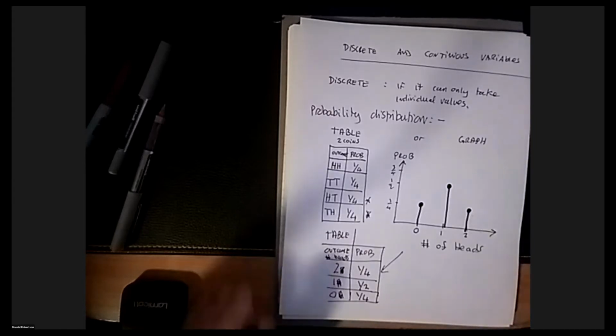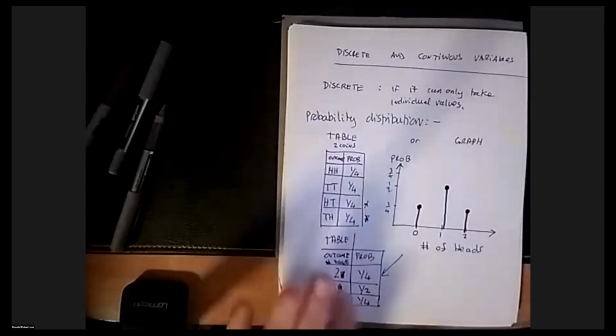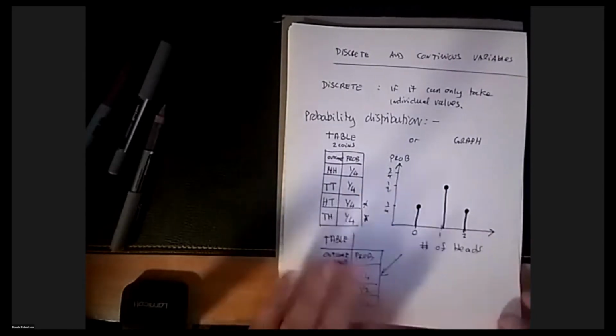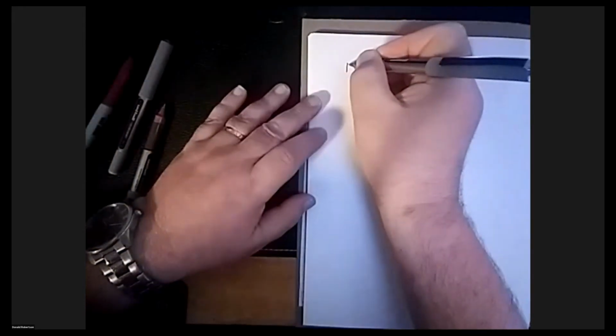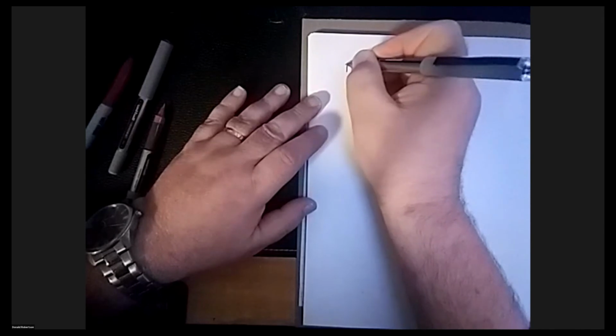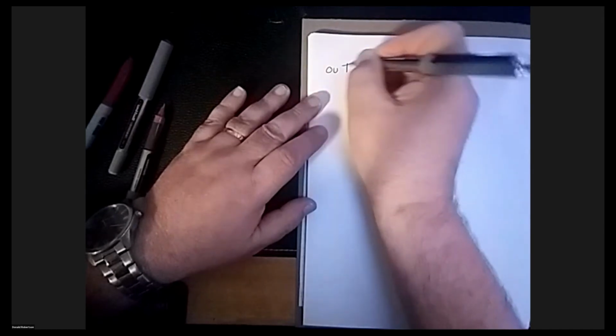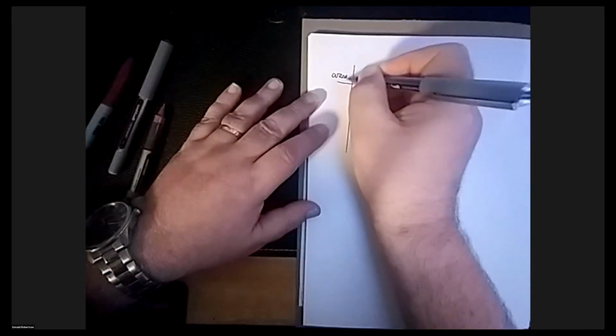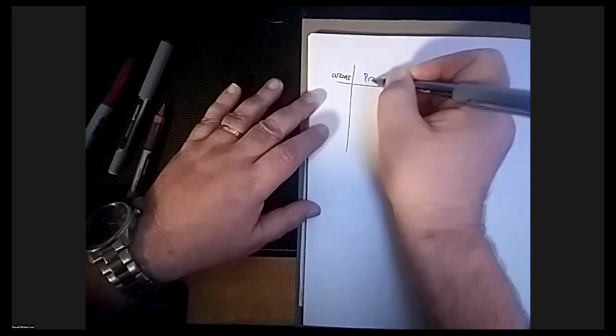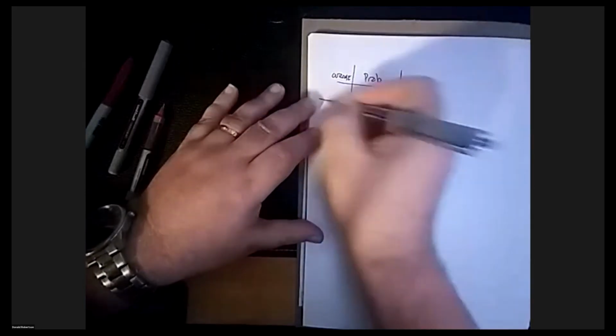Right. So before I leave the discrete stuff, because there's not too many more things left to do with discrete, at least at the start, let's suppose I have, I'll start again. I'll do my table first. Suppose we have a discrete thing, whatever it could be.